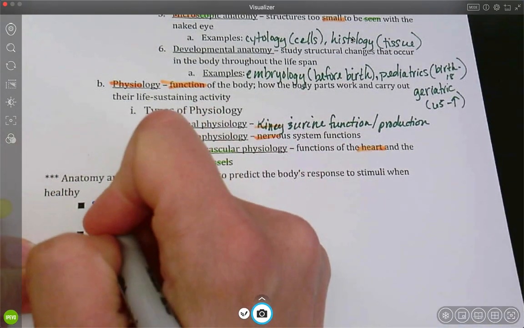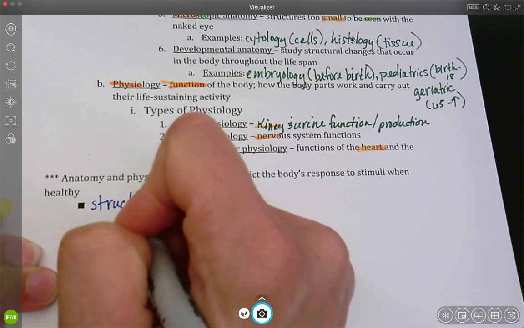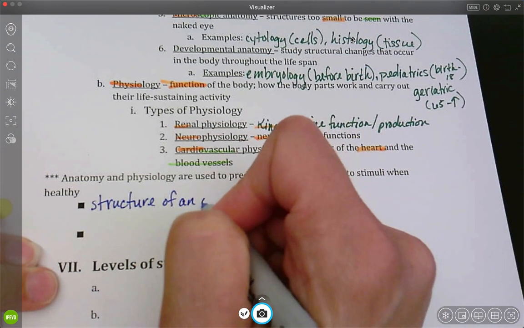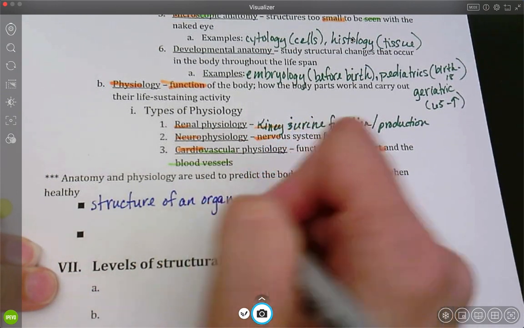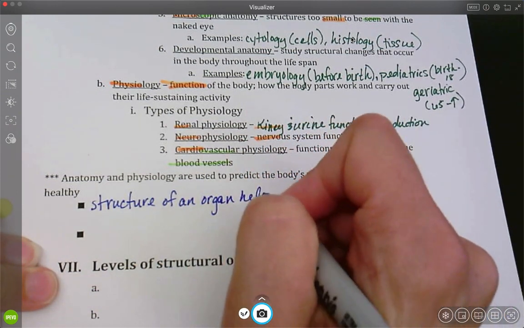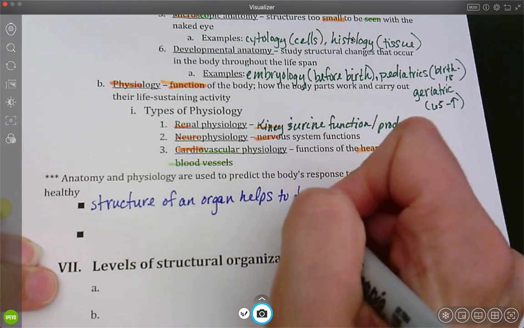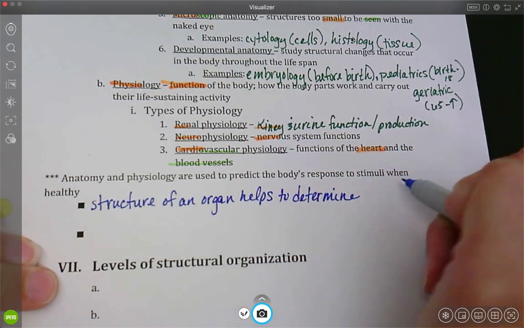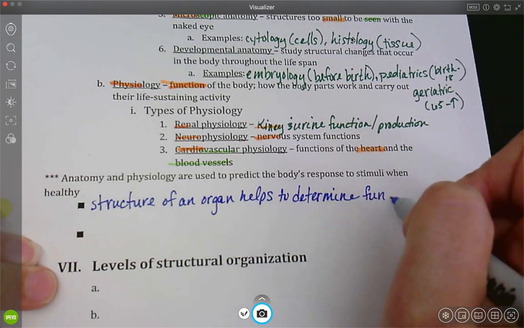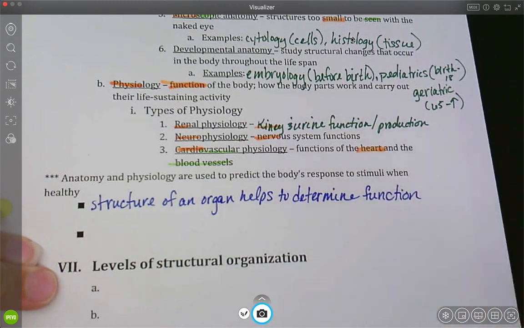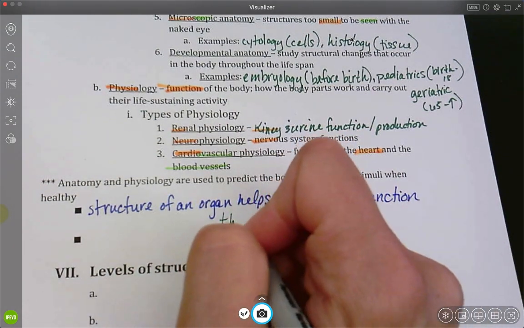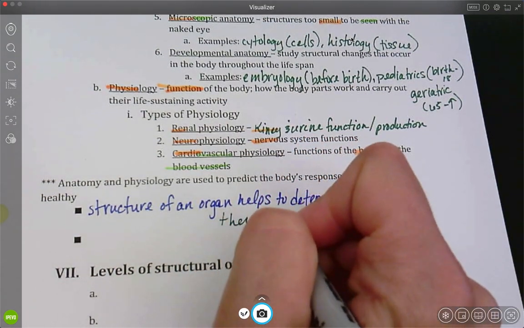We're going to say structure of an organ helps to determine function.